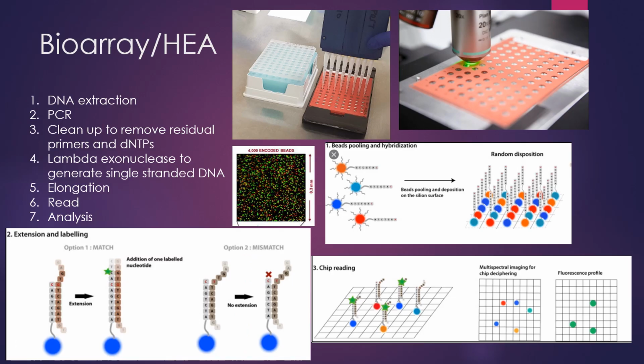So the other assay that's on the market for RBC genotyping is bioarray, or HEA, which stands for human erythrocyte antigen. It is not an assay that we love. We were doing a ton of testing with this assay, and we got a ton of failures. It works kind of the same in that the beads have an oligo sequence that it's looking for.